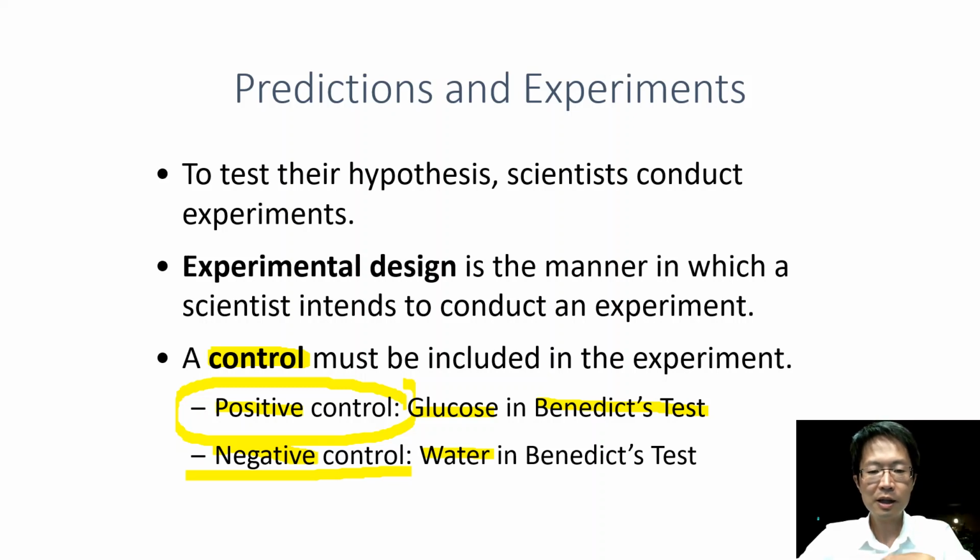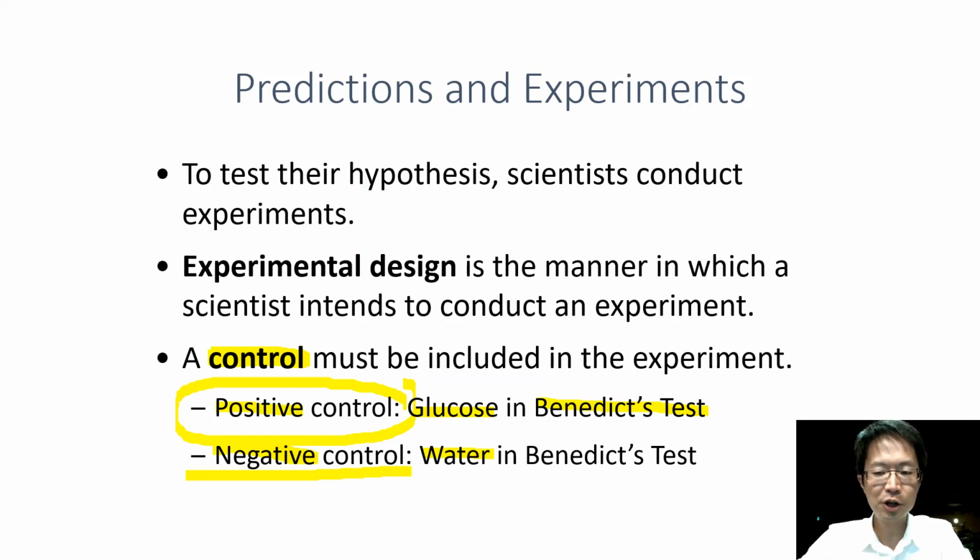In this case, the experimental design is perfect, or complete, because you have the onion mash solution as your experimental group that you don't know whether it has glucose or not, the glucose solution as your positive control, and the water solution as your negative control. So this is how we design an experiment.